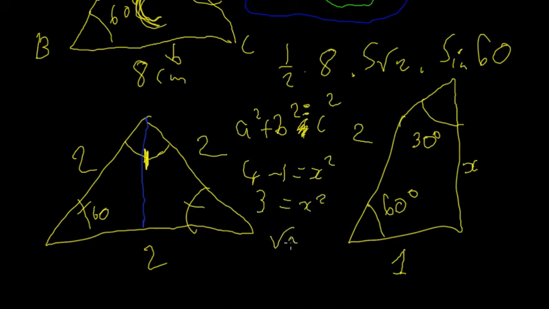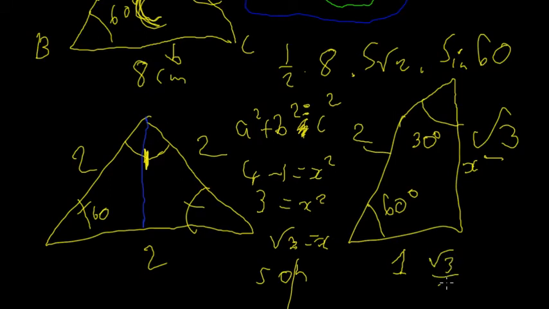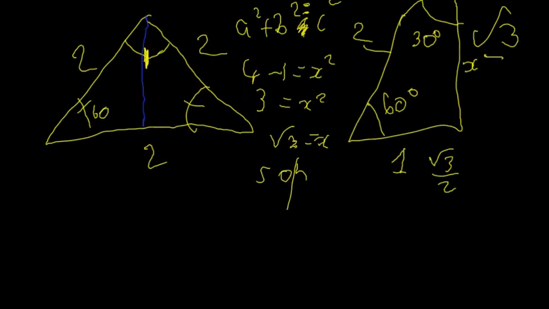So root 3 equals x, and then you just say root 3 here. And then sine is opposite over hypotenuse, so root 3 over 2.